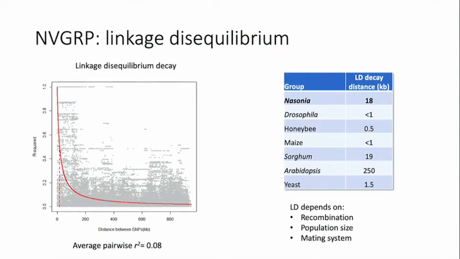Of course, in this case, it's most likely due to the population structure that we've created. Although it must be said that Nasonia, by nature, is a natural inbreeder, so that can also contribute. Although we need to look more into details to get a proper estimate in wild populations as well.